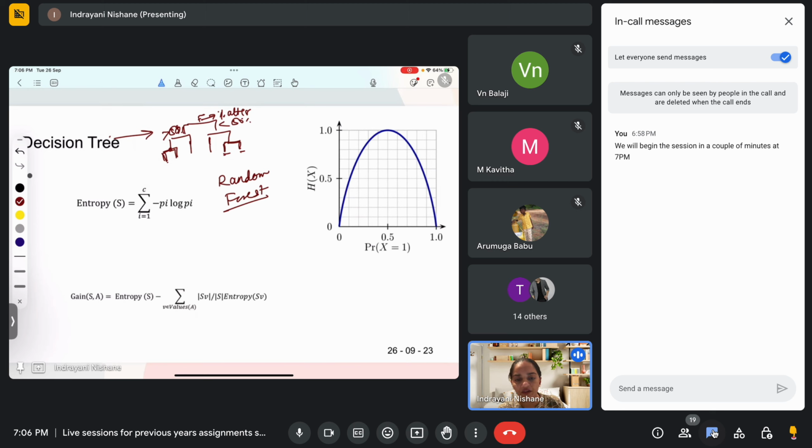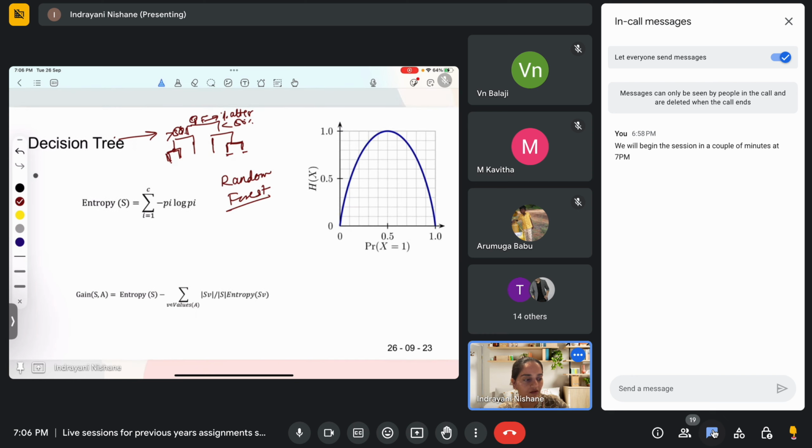And how do we decide which node will be at the root, when to stop the further classification, and which node will be the leaf node? All these things are decided based on two parameters: entropy and information gain of that particular column or feature. The entropy formula is the summation of minus p_i log p_i.